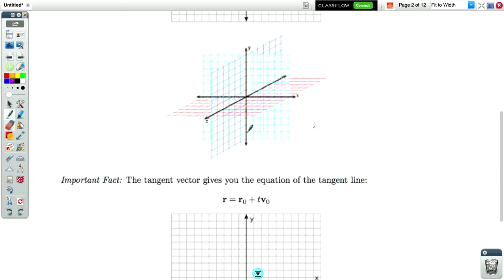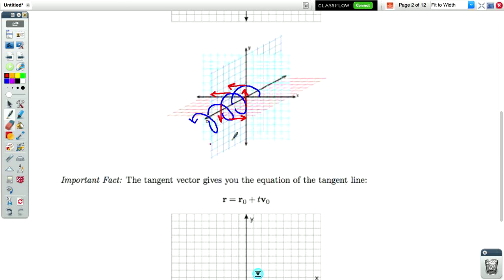Same thing happens in 3 space. One of the curves that we saw at the beginning was a helix that was coming this way. So our tangent vector on this helix would be going like this, however you're traveling along this helix function.